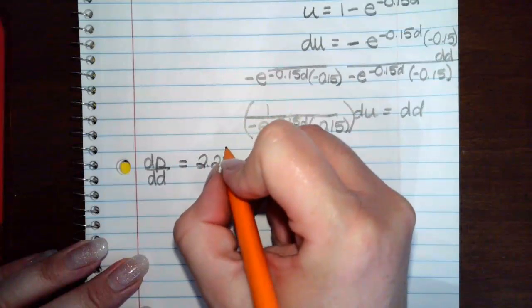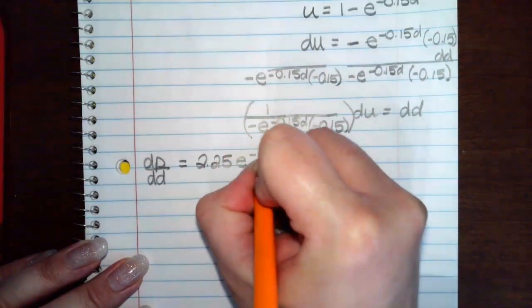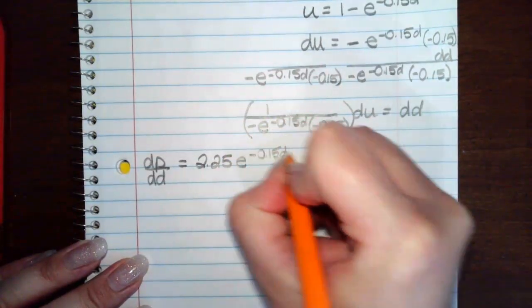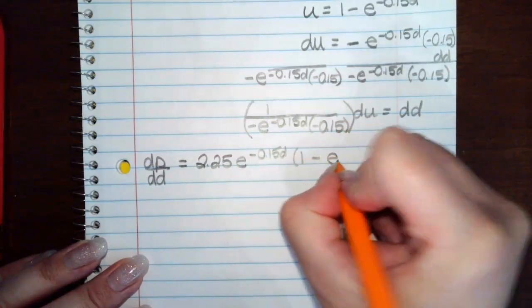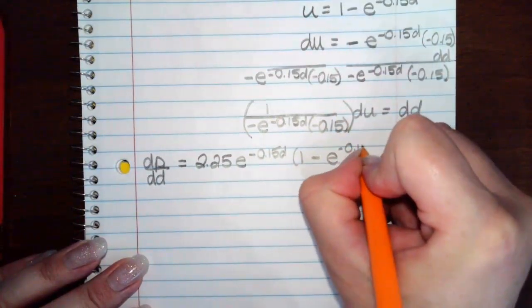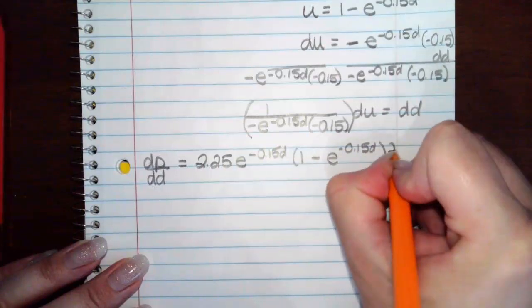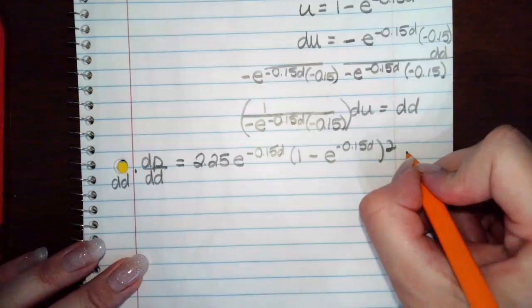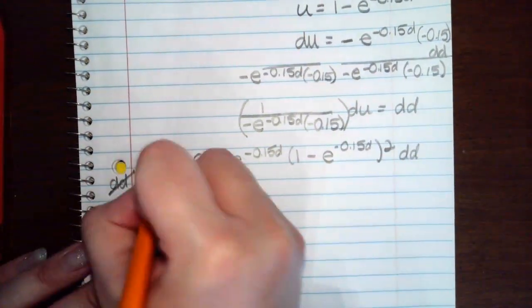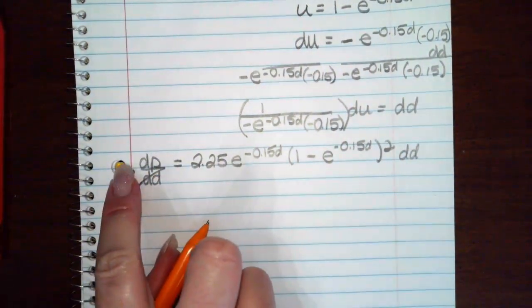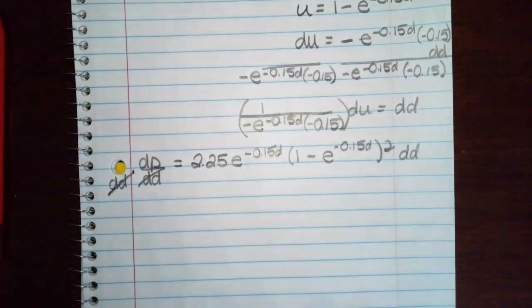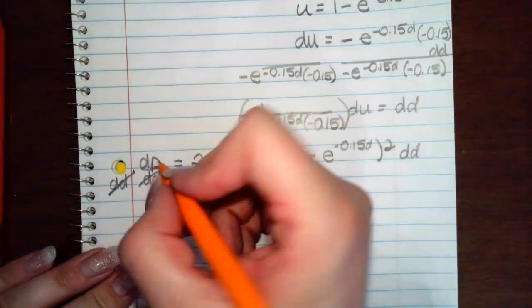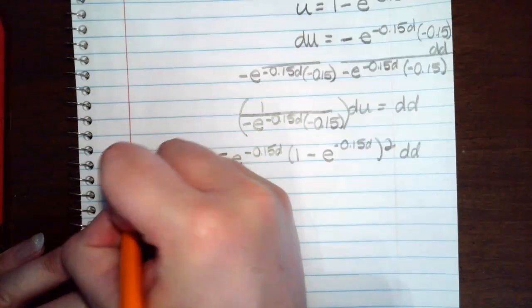I'm not substituting anything yet. And I'm going to multiply both sides by dd. So it's going to reduce over here. Okay. And now I can integrate both sides.